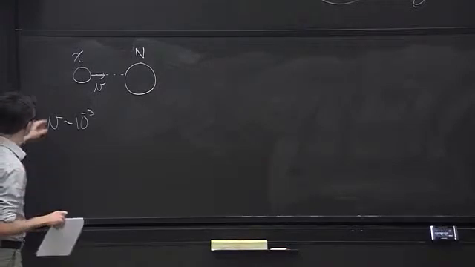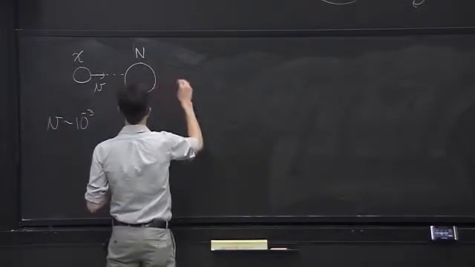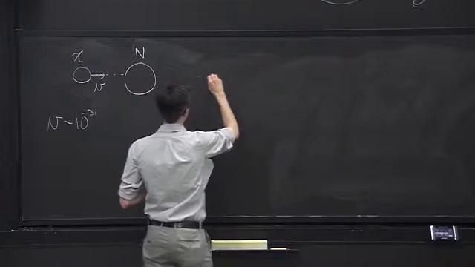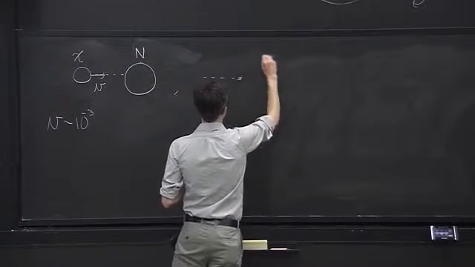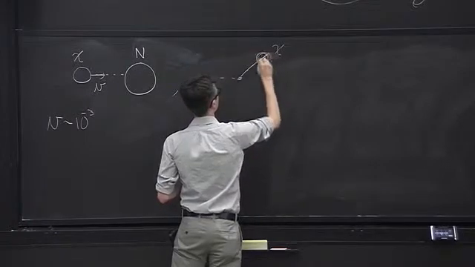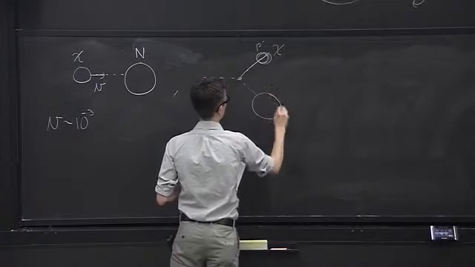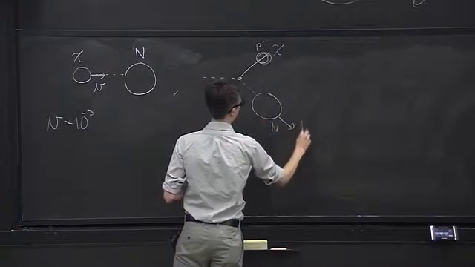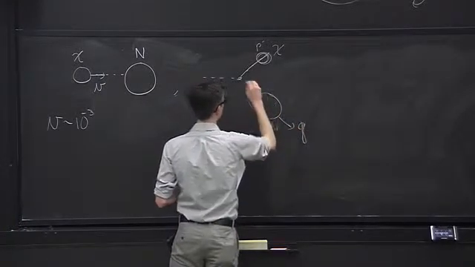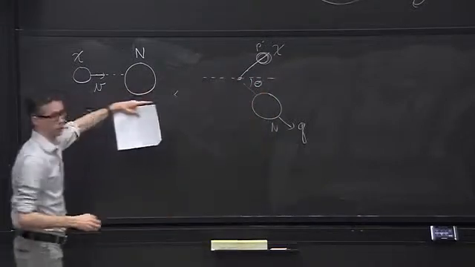So our dark matter comes in with some velocity v. It hits the nucleus. And so this is the before. The after picture is that the dark matter goes off with some momentum p', and the nucleus goes off with some momentum q and relative angle theta compared to the initial dark matter direction.